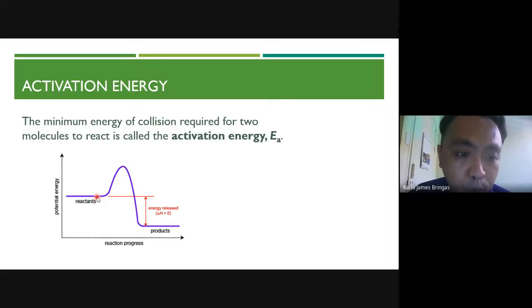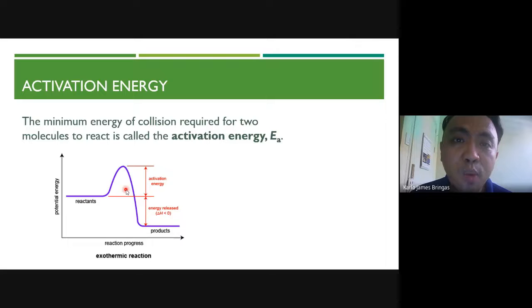The difference in potential energy ng reactants and the products represents our delta H, which in this case is less than 0, since mas mababa si products in potential energy compared to the reactants. While this hill in our energy diagram represents our activation energy. By the way, this is an exothermic reaction since delta H is less than 0.